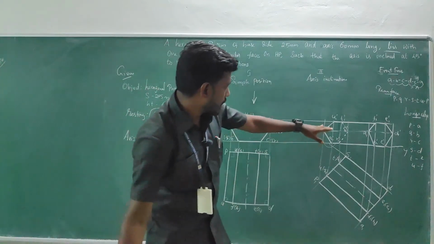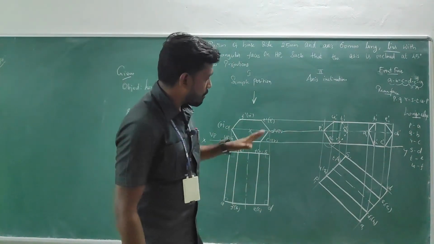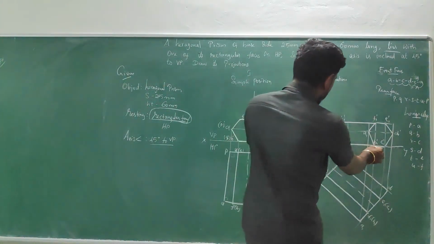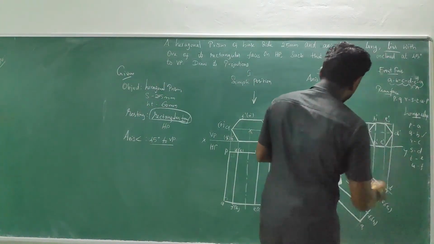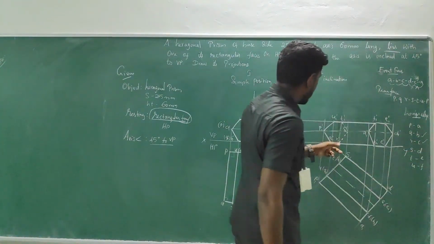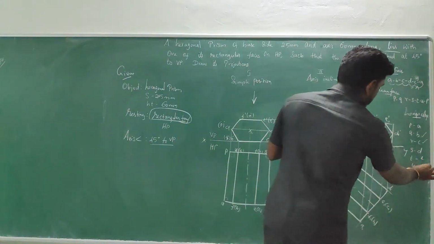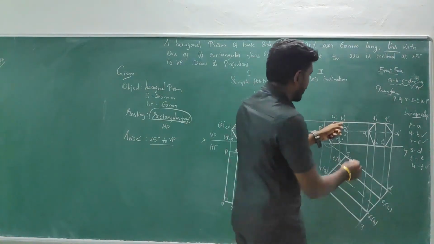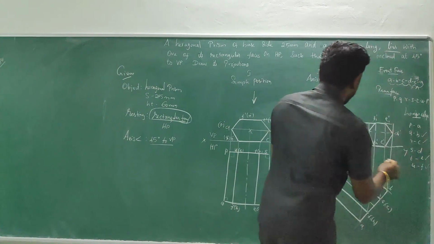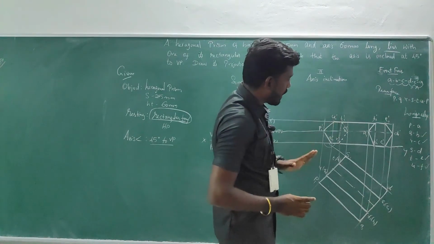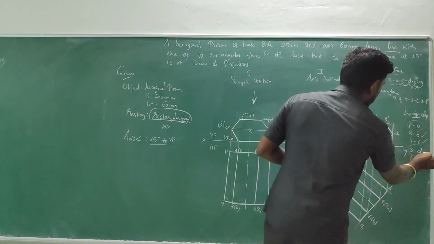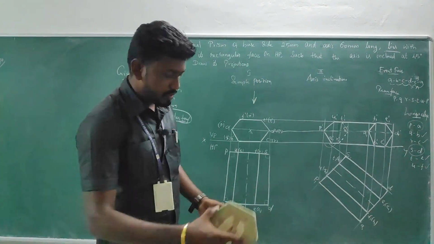So when you look into the diagram, some of the longer edges we have completed. Q to B we have completed, R to C we have completed as a dark line, and then U to F we have completed, and T to E we have completed, right? 4 edges we have completed, 2 more are remaining, P to A and S to D.